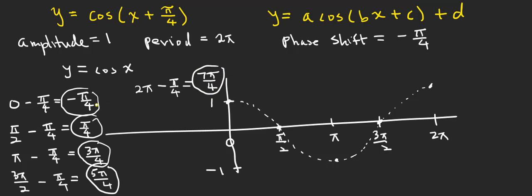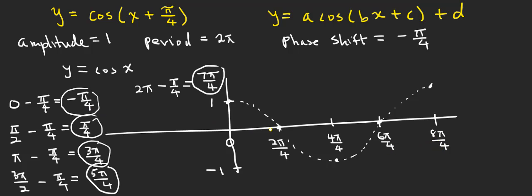Since the denominator is 4, I want to change all the denominators to 4. So I change that to 2 pi over 4, 4 pi over 4, 6 pi over 4, 8 pi over 4.